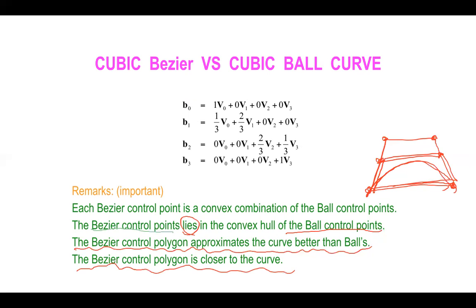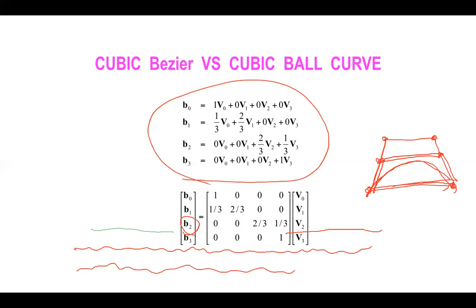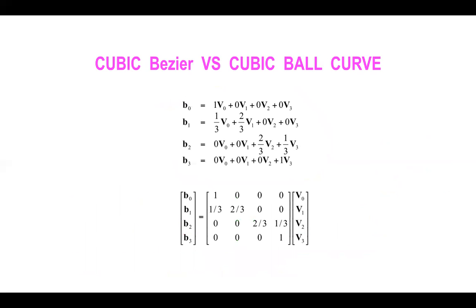Okay, so from this formula here, we can rewrite it in terms of the matrix of conversion. Conversion matrix, right? 1 0 0 0, 1/3 2/3 0 0, 0 2/3 1/3 0 ... and then the last one is 1.